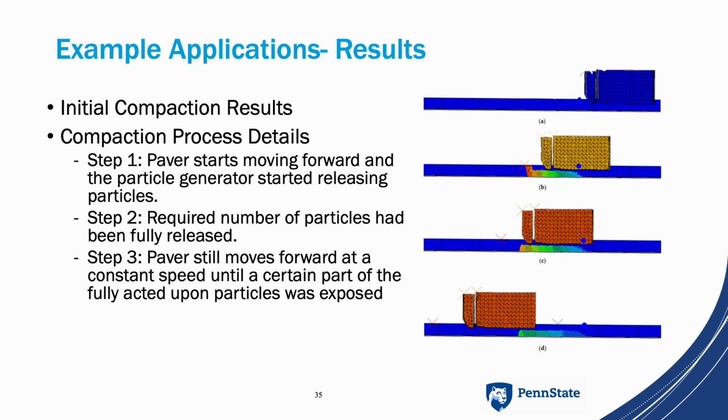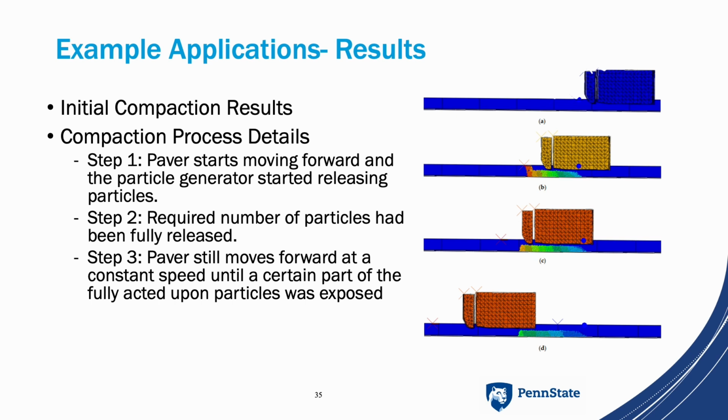So for the results, the asphalt mixture AC11 underwent obvious changes after the initial compaction by the paver, which can be seen in this figure. The air voids between the asphalt particles became narrower, while the surface of the asphalt layer became smoother, particularly in step 1, which was initiated when the paver started moving forward and the particle generator started releasing particles, and lasted for about 2 seconds.